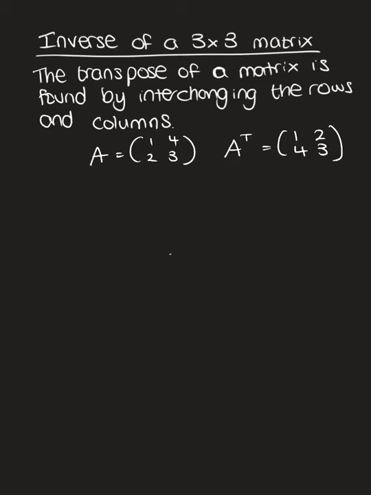Now, finding the inverse of a 3 by 3 matrix usually takes 5 steps. So there are 5 steps in finding this inverse matrix.